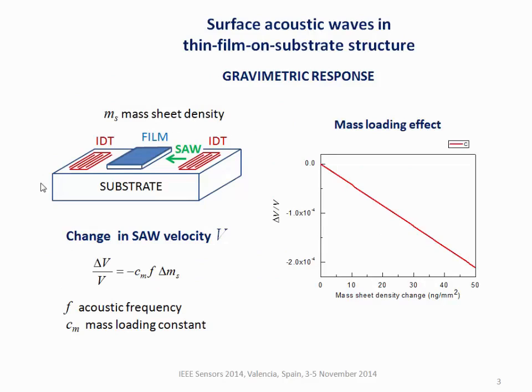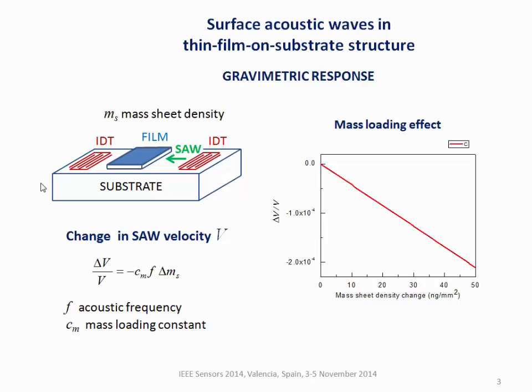So how does the surface acoustic wave sensor work? There are two main mechanisms of response. Gravimetric response: when you deposit a film, the velocity of surface acoustic waves propagating on the surface changes because of mass loading.